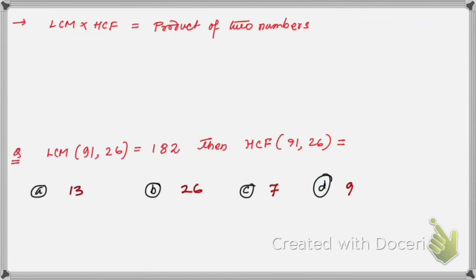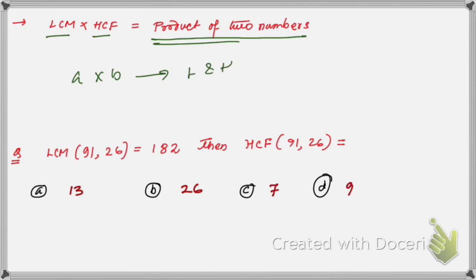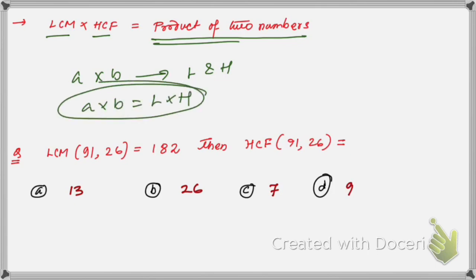Next important thing is LCM into HCF is equal to product of the two numbers. Suppose you have two numbers A and B, their LCM and HCF respectively are L and H, then A into B must be equal to L into H. This is the logic, right? So here LCM of 91 and 26 is given, and we need to find the HCF. So simply just use this logic: LCM into HCF is equal to product of the two numbers.